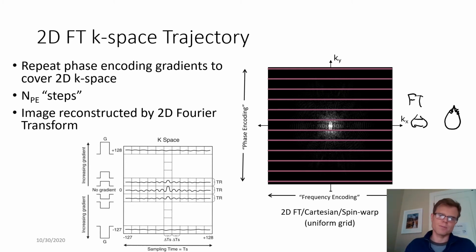So just focusing on the parts where we acquire data during the frequency encoding gradient. And we're going to stack up these lines of data. And we know that these lines of data, in fact, represent the spatial frequencies that are present in our image. And we'll unpack that statement a little bit more next.